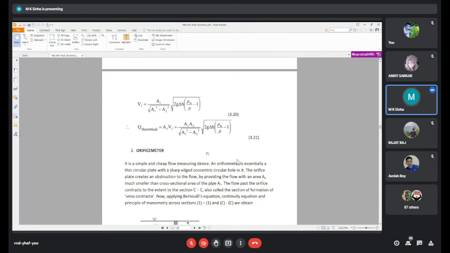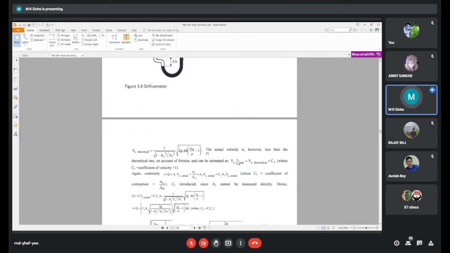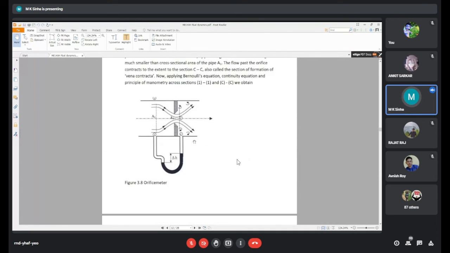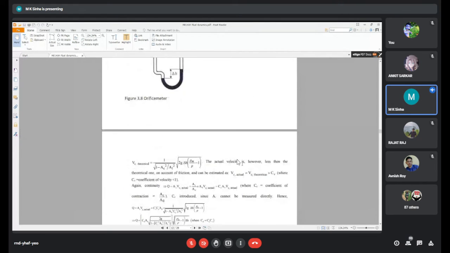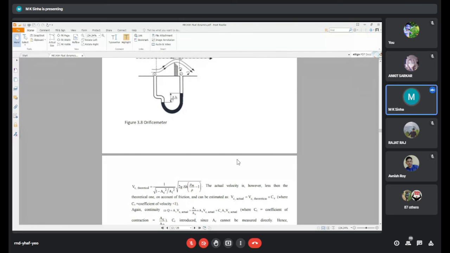Taking A1 inside, it becomes 1 by root under 1 minus (A2 by A1) square, and A2 is nothing but the vena contracta area. The rest is root under 2g del h (rho m by rho minus 1), that is 2g del h (rho m minus rho) by rho, where del h is the difference in the manometer level.